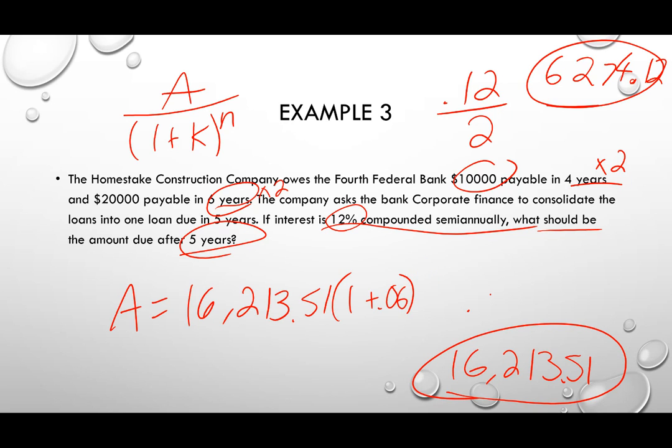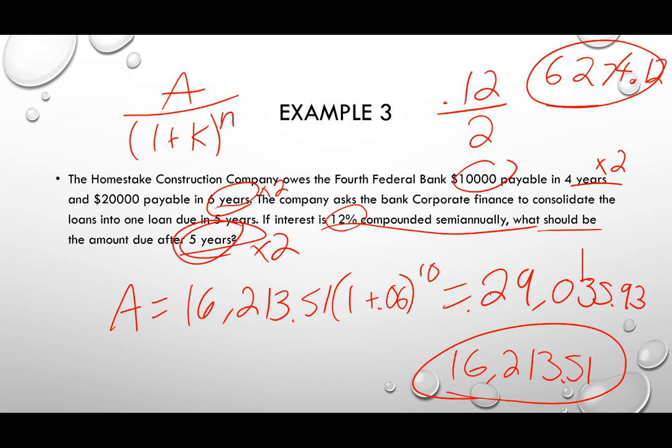N is going to be, if it's for 5 years, again, twice a year, 10. And you work that out, and you get the amount that's going to be due in 5 years if you consolidate both loans, which comes out to be $29,035.93.